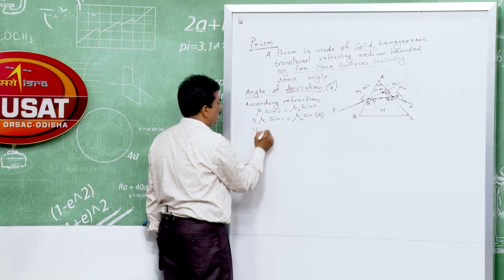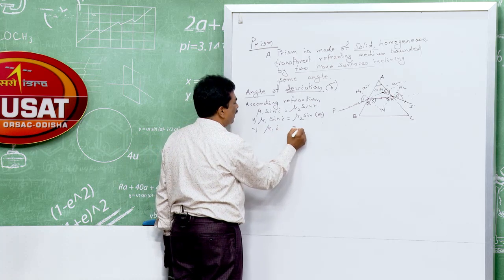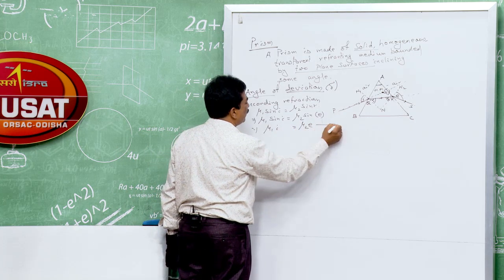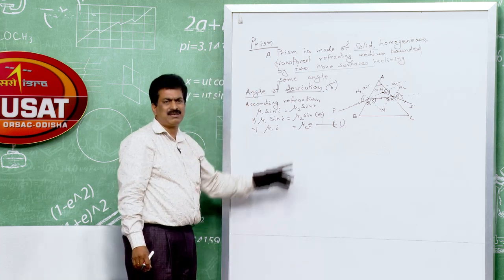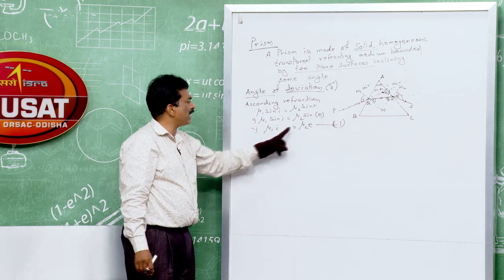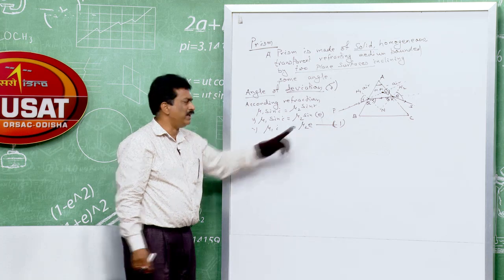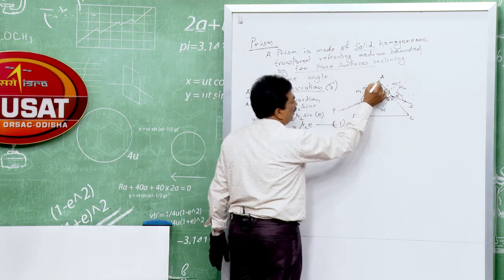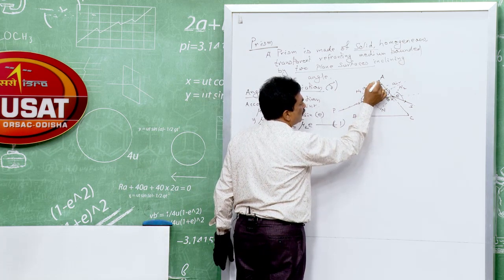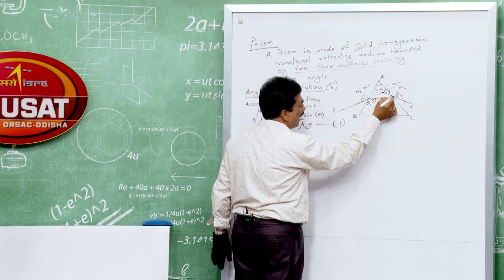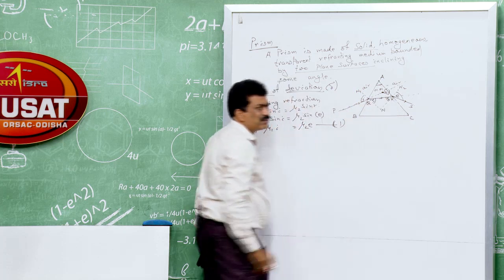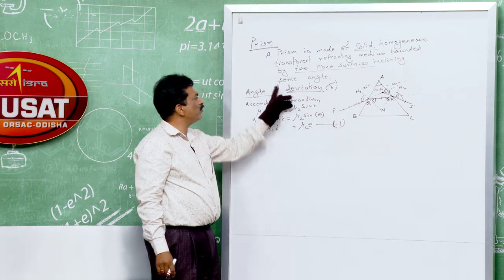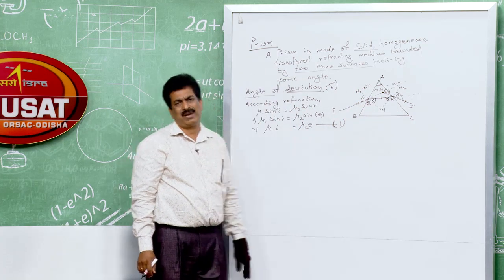Therefore you can say mu1 i is equal to mu2 e, for a very small angle of incidence and angle of the prism. So this is one. And then we have to consider AQNR, which is a quadrilateral, and QNR, which is a triangle.